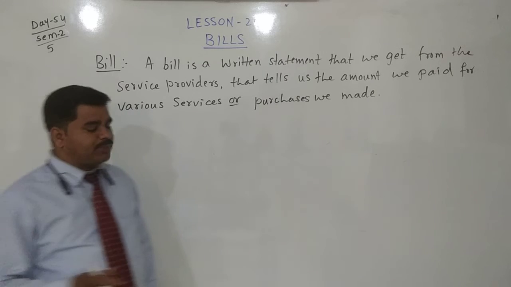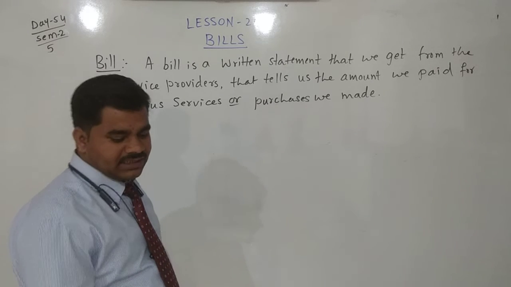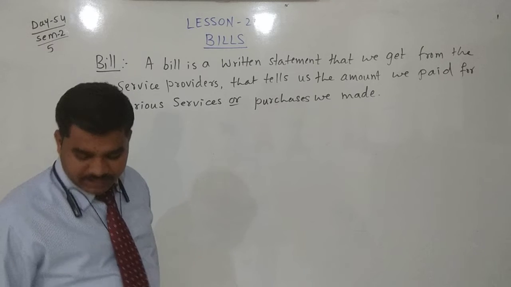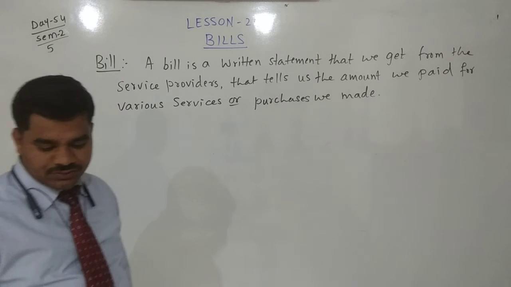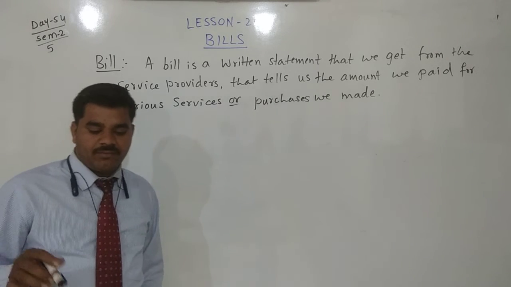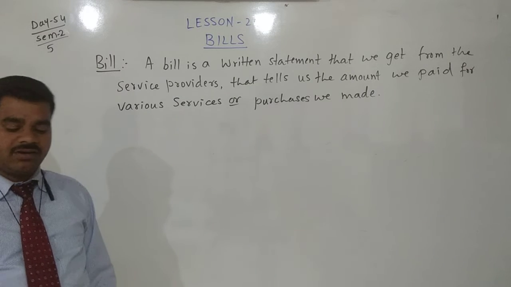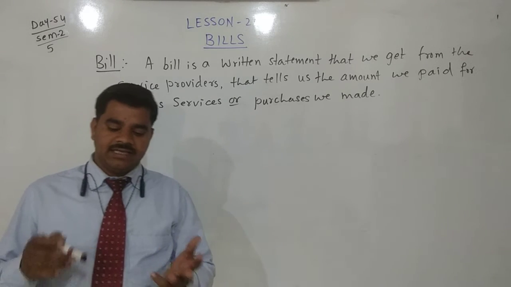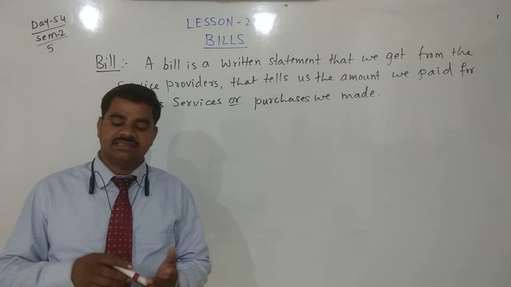Very simple. Now here some bills are given. The model bills are given in your textbook, page number 182. We receive bills for shopping from a store, and for services such as electric supply, telephone facility, and gas supply.